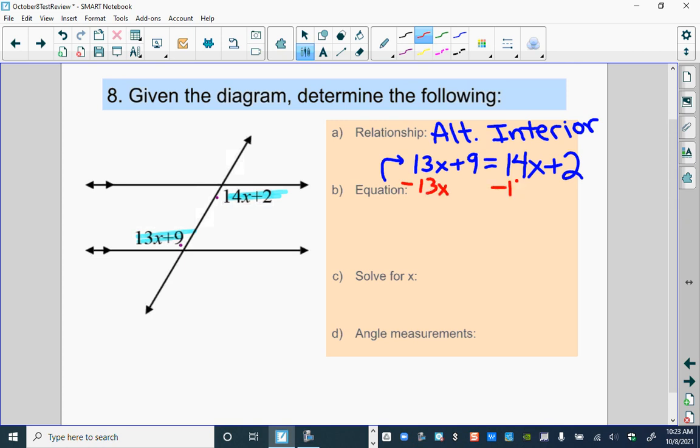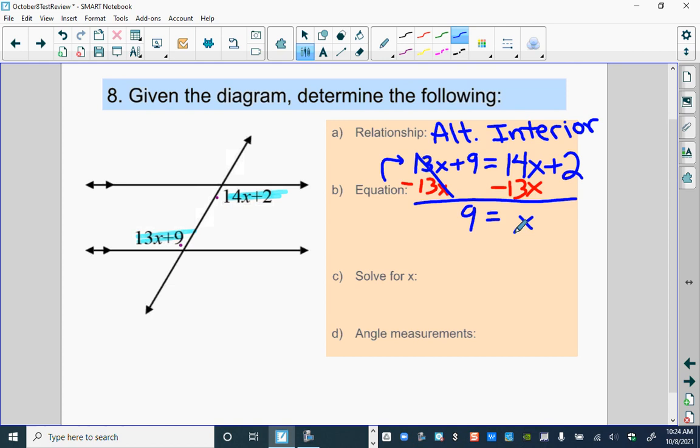Your first step's always a free move, ladies and gentlemen. Whenever you have this type of problem, first step's always a freebie. And it's better to move the smaller x. And what's really nice is 9 equals, what's 14 minus 13? 1.